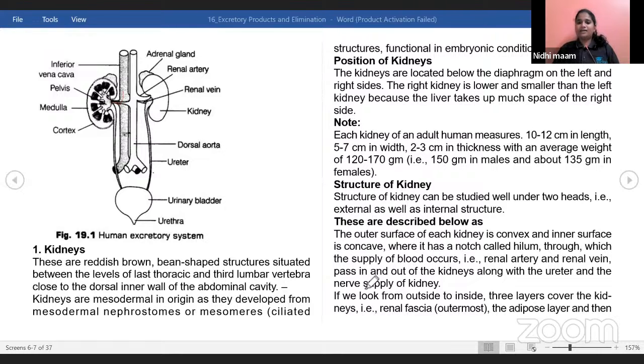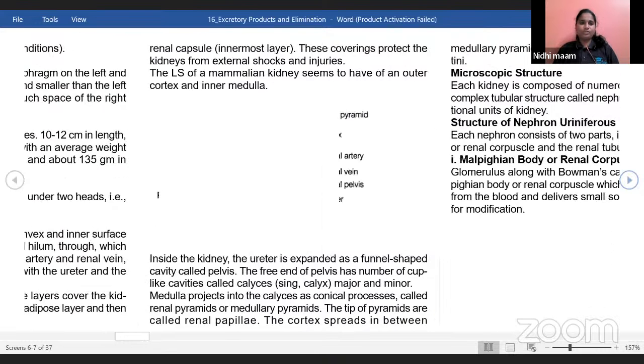Then if we look from outside to inside, 3 layers cover the kidney. Remember, how many layers cover the kidneys? 3 layers. The outermost is called renal fascia, RF. Remember it as RF, renal fascia, outer layer. The next, second layer is the adipose layer.